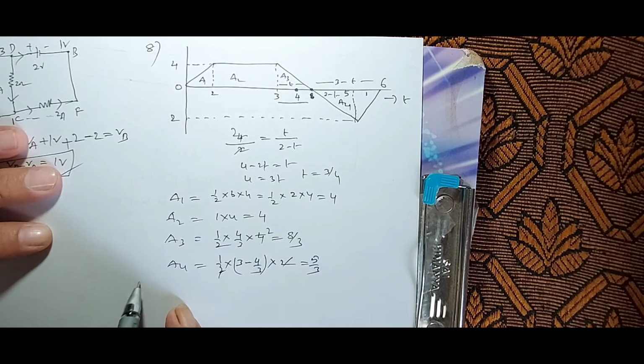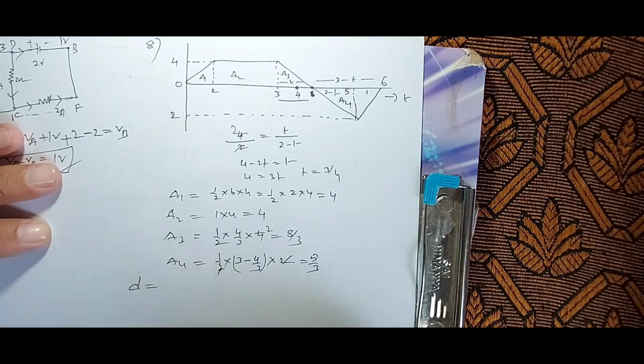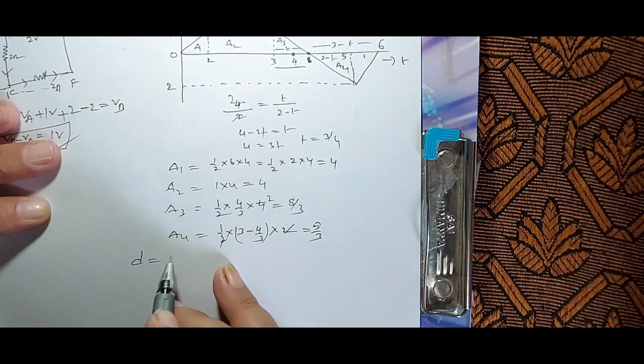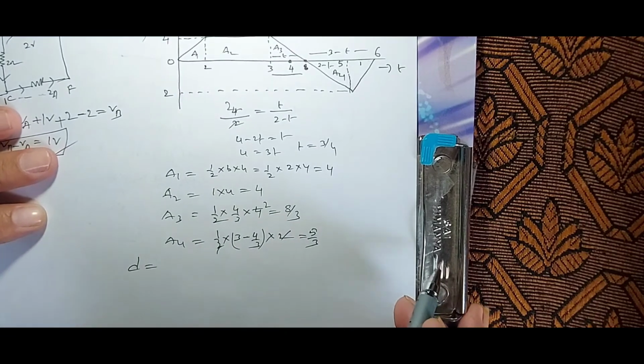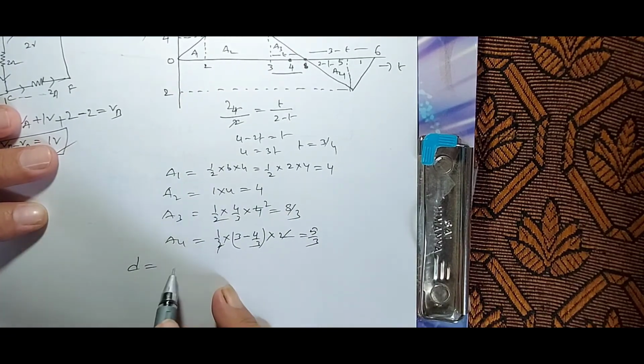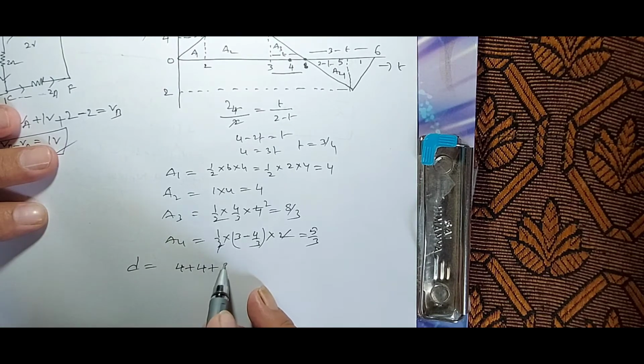So the total distance traveled by the body in 6 seconds is equal to the sum of these areas: 4 plus 4 plus 8 by 3 plus 5 by 3. So 8 plus 8 by 3 plus 5 by 3.